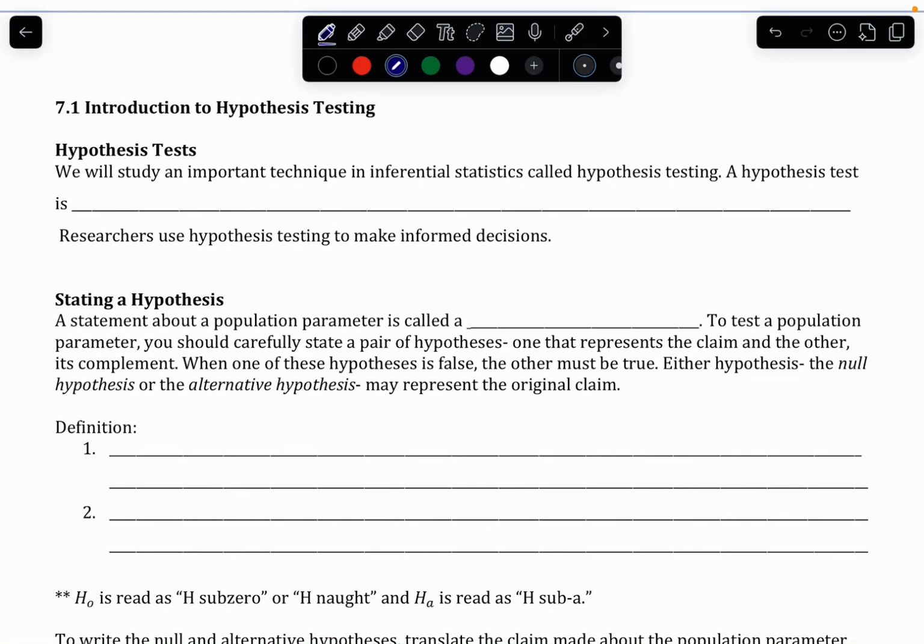All right, 7.1, Introduction to Hypothesis Testing. So we're going to study an important technique in inferential statistics called hypothesis testing.